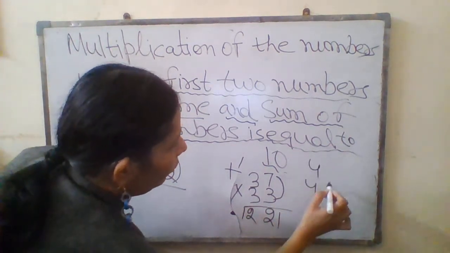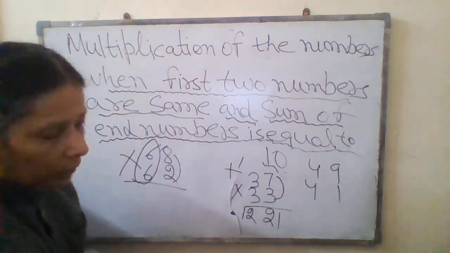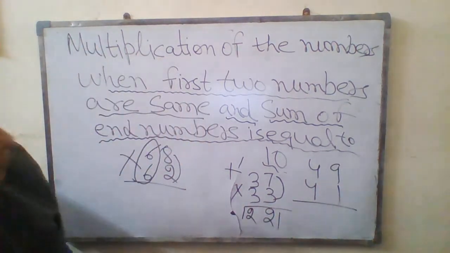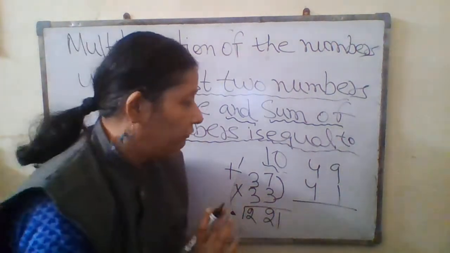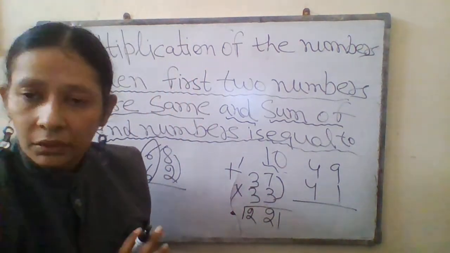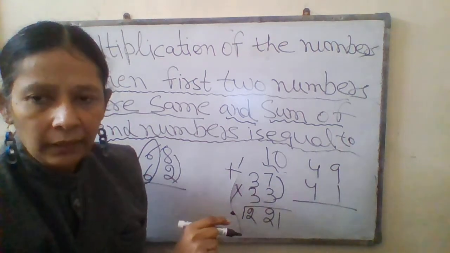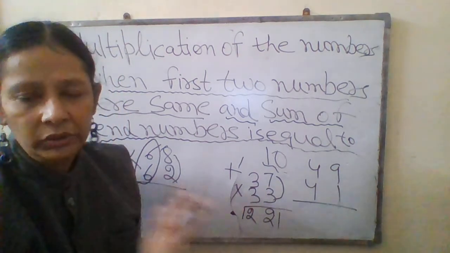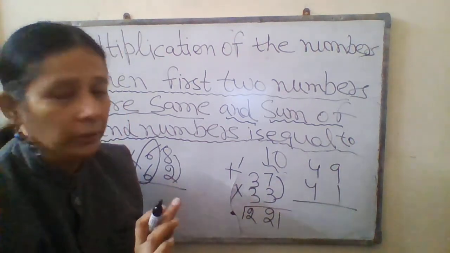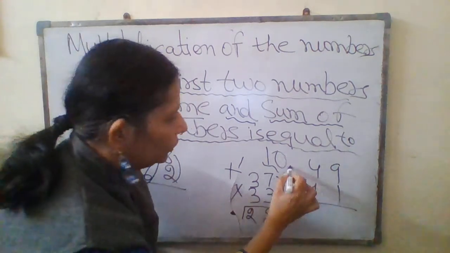If I say 4 4, 9 1. Okay, this is important. Now you see, I have written this deliberately. This is very important. If you do not look at this last part, your full question will be wrong. Why?